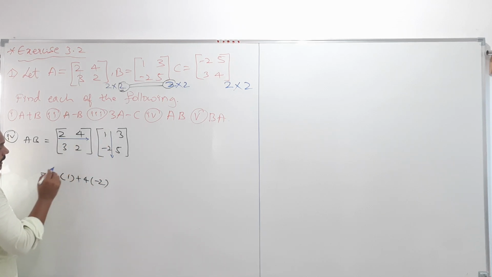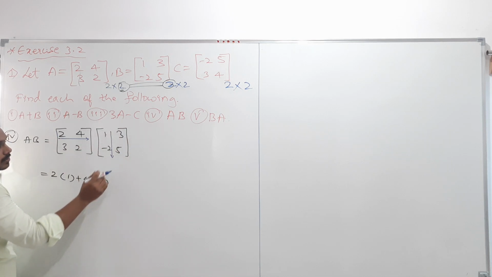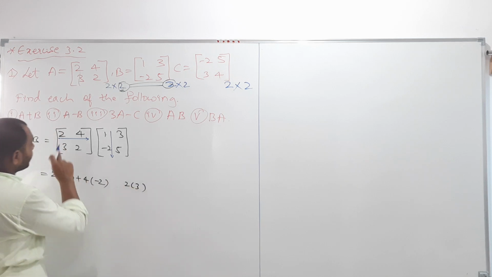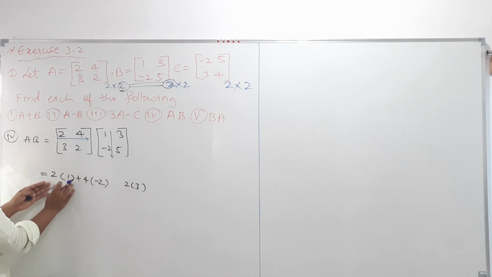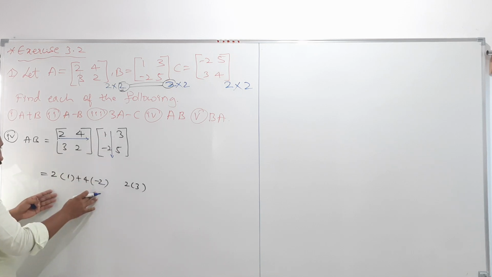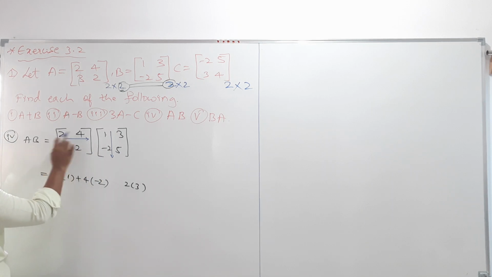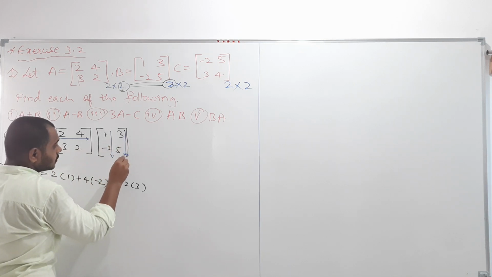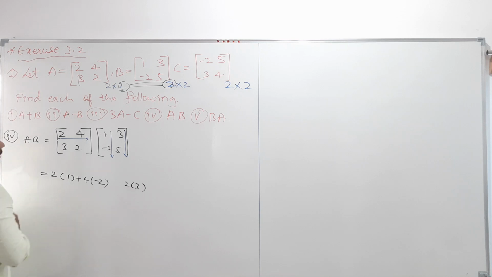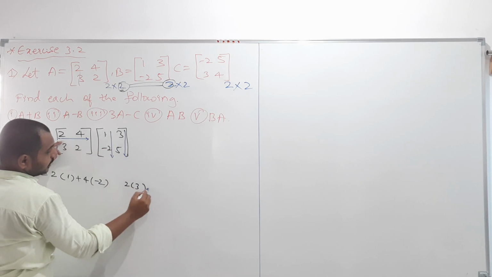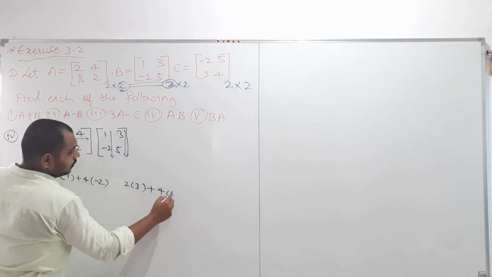Next, my dear students, first row, second column. We should leave some space. Then 2 into 3 plus 4 into 5.